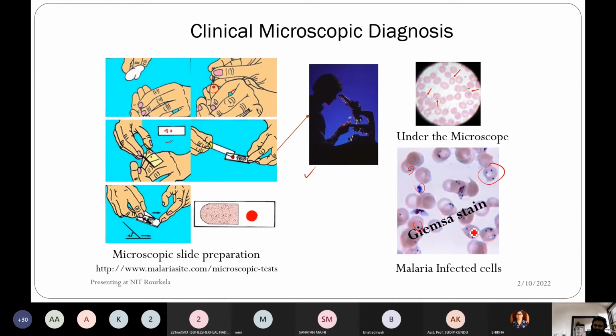Here you can see the ring stages. This shows you the stages of the infection, the severity of the malaria, and the percentage of blood cells affected. Still, this is the gold standard method.